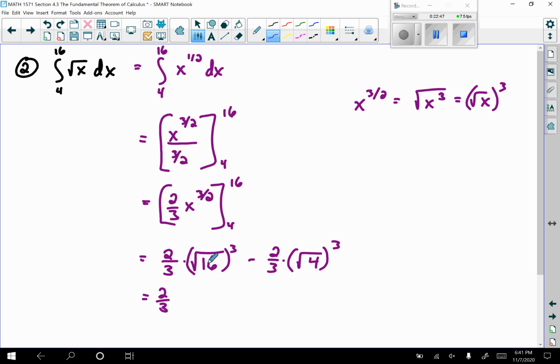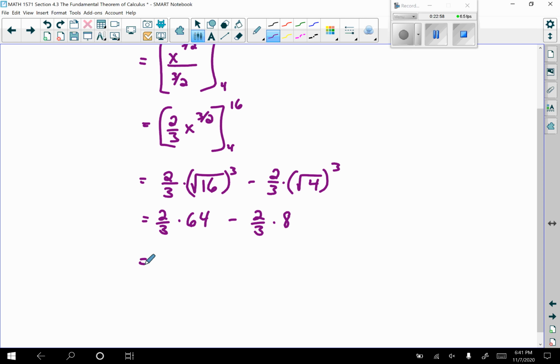So this becomes 2/3, square root of 16 is 4, 4 cubed is 64. And we're going to get 2/3, square root of 4 is 2, 2 cubed will give us 8. So we're going to get 128 over 3 minus 16 over 3, and we get 112 over 3.